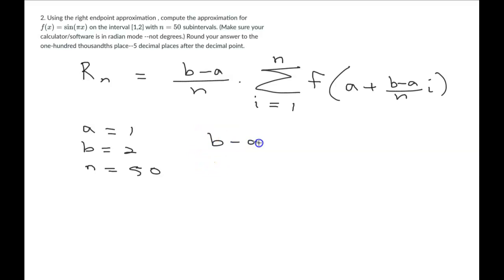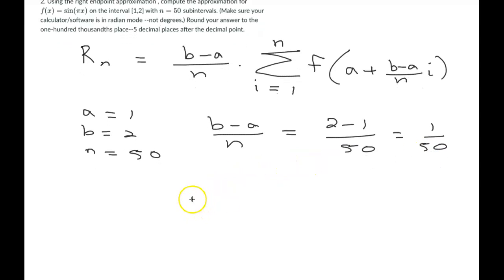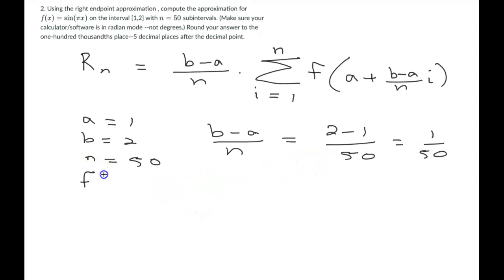So we know (b minus a) over n is simply (2 minus 1) over 50, and that's just 1/50th. And f of x, of course, is sine of pi x. So we can even just write that out before we set up the sum.